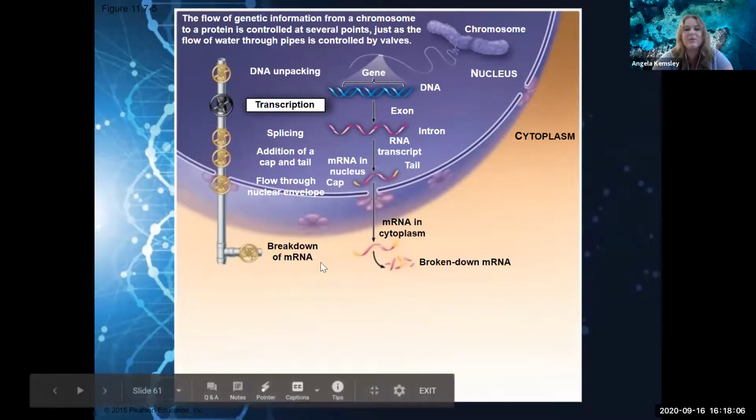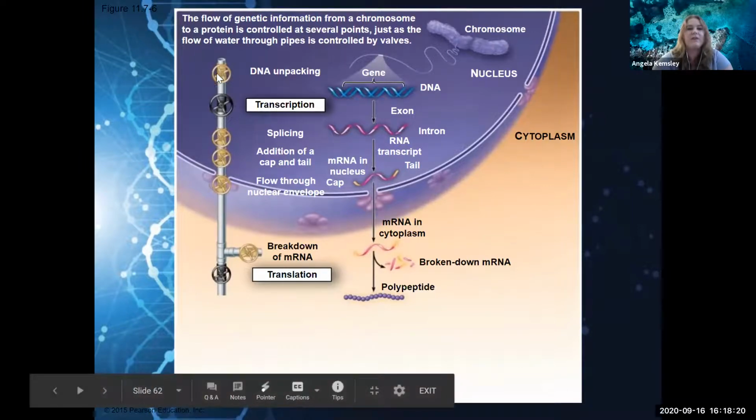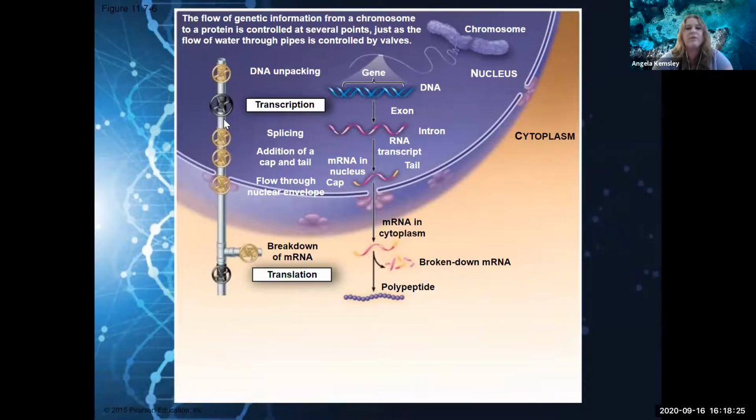Sometimes it can be broken down, and that's another control point. And then during translation, when we are actually translating the mRNA into a polypeptide, which then becomes a protein, that's another control point. If any of these don't work, it will block the rest of the process from happening.